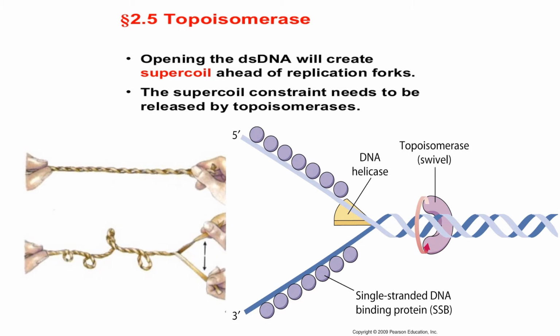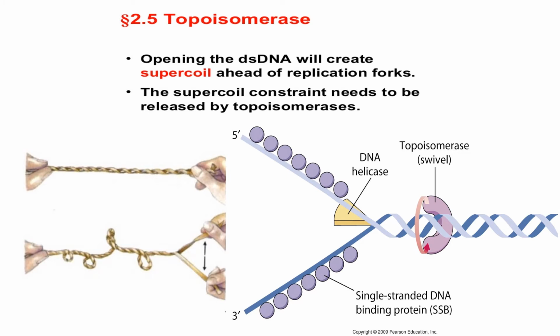Here the constraints are shown. If you imagine opening a rope like this, the two strands of DNA are opened in this way. You can see that when you are opening the strands, the turns become supercoiled over the portion lying ahead of the replication fork.